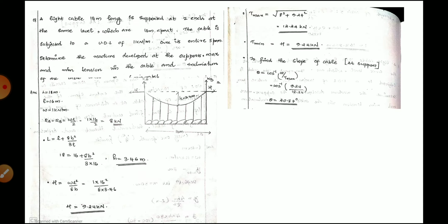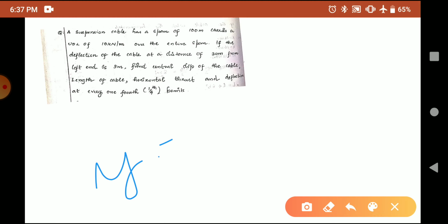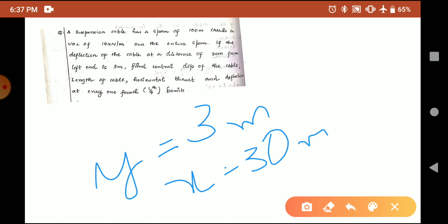So the cable is given to you having a span of 100 meter, that is small l is equal to 100 meter. It carries a UDL W of 10 kilonewton per meter. If the deflection of the cable at a distance of 30 meter from the left end is 3 meter, that is y is equal to 3 meter for x is equal to 30 meter.